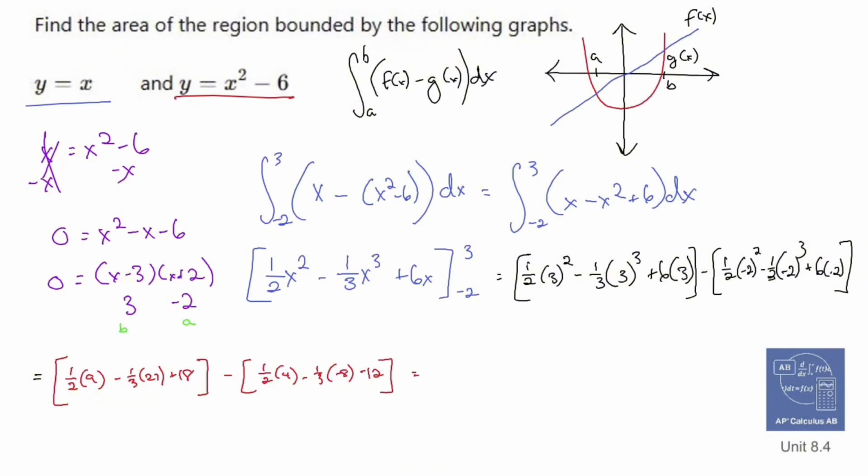It's not the quadratic formula. Oh, we have fun when we screw up. We got 9 over 2. Negative 1/3 of 27 is negative 9, plus 18, minus, we've got half of 4, which is 2. Negative 1/3 of negative 8 is positive 8/3, gross, minus 12.